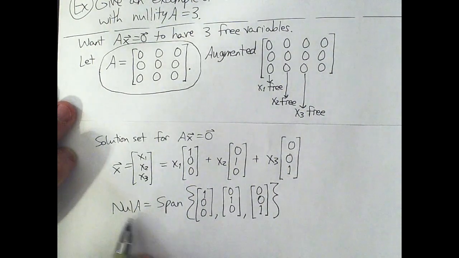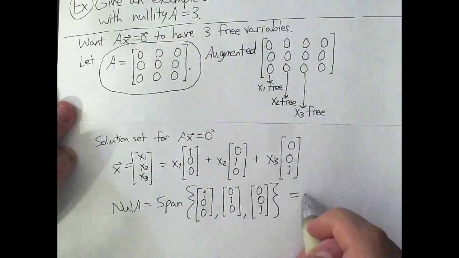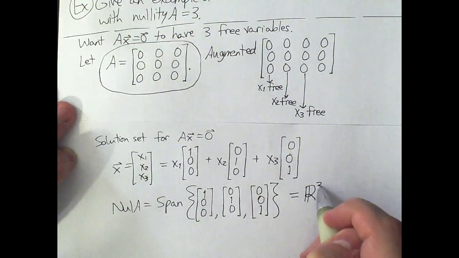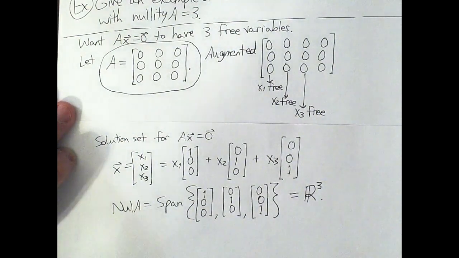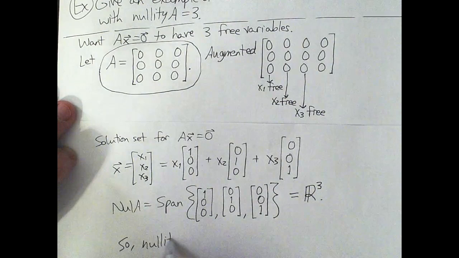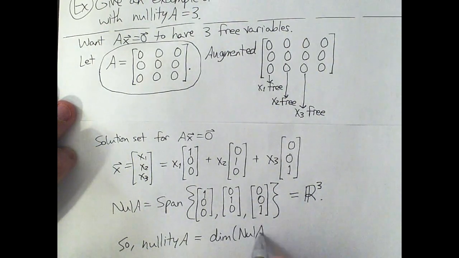This is a subspace of R3. It happens to be all of R3. The biggest subspace that you could possibly get from R3 is R3 itself. So in this case, when you start with this matrix A, the null space is the entire space. So the nullity of A, which equals the dimension of null A, is 3. We did it. We did demonstrate a matrix with nullity 3.